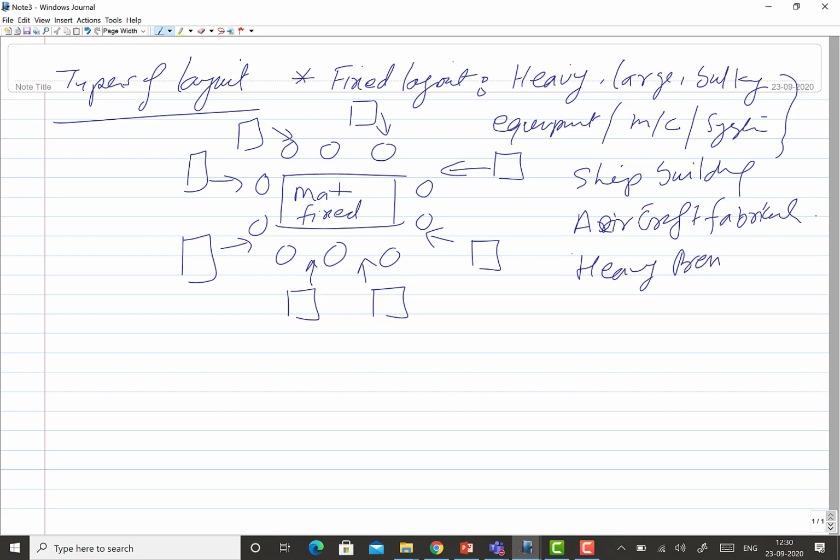These are the typical examples of the products wherein the fixed layout is used, and as such it's not costly, because whatever we have is to be brought in close to the main system which is being fabricated.